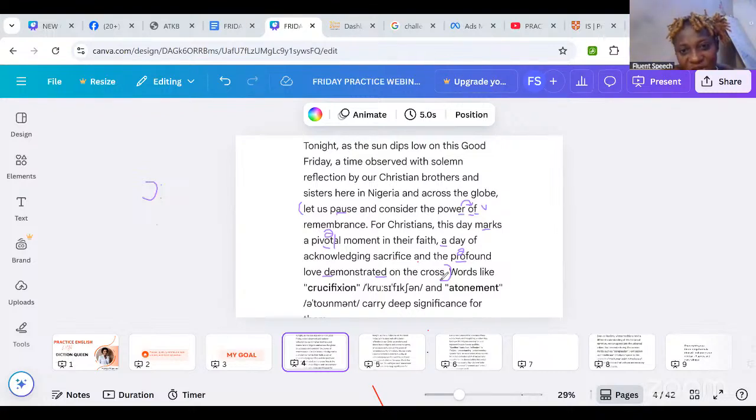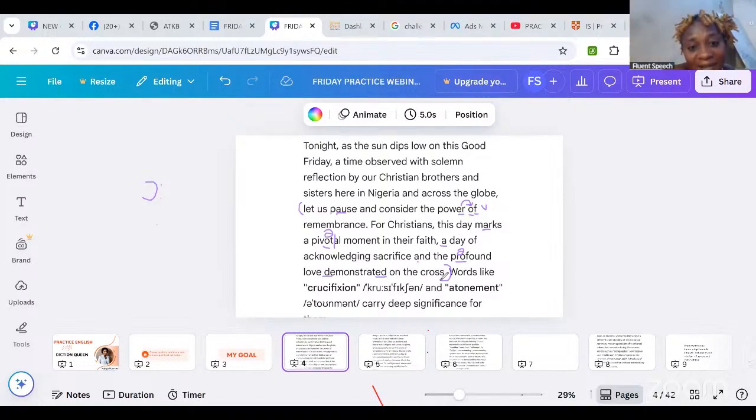Second is stressing your words. When you have words that have more than one syllable, like consider, I don't just say consider, it's consider. Remembrance, a part of those words are stressed. Questions, pivotal, moment, acknowledging, sacrifice, demonstrated. Part of those words are stressed. You don't just open your mouth and pronounce them anyhow.